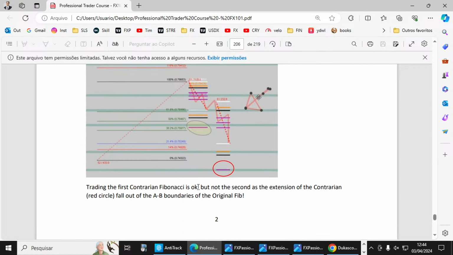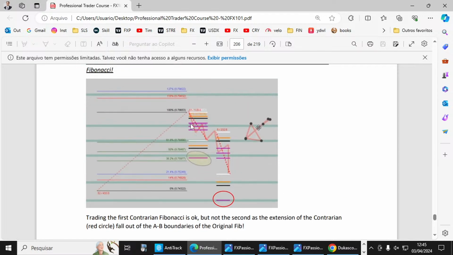Trading the first contrarian Fibonacci, day traders, if you are going to use Fibonacci on the 15-minute chart, on the 30-minute chart, trading the first Fibonacci is okay, but not the second one, as the extension of the contrarian Fibonacci, the red circle, is below the capital A. The red circle falls out of the AB boundaries of the original one.